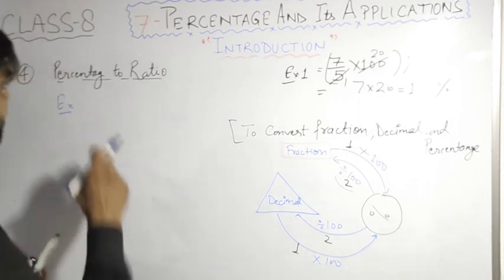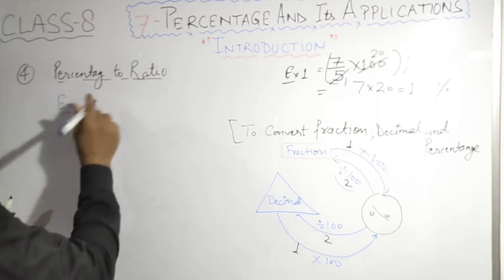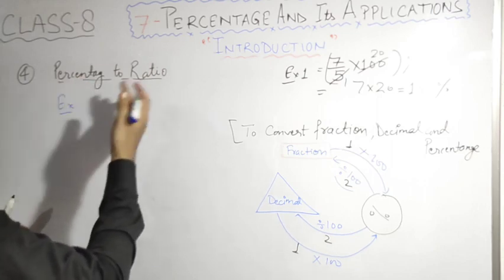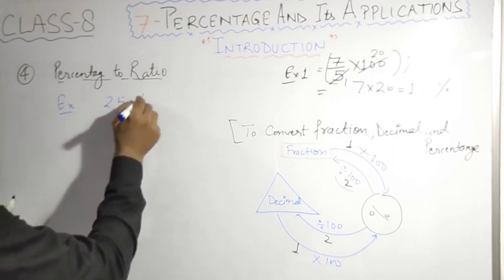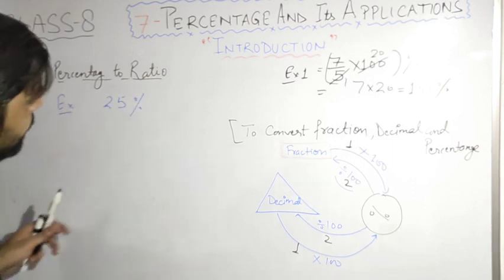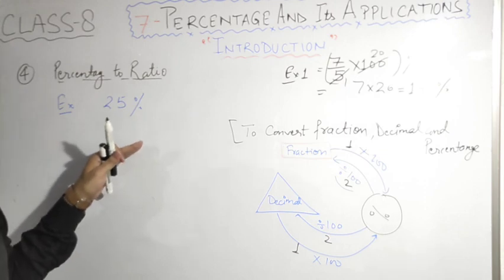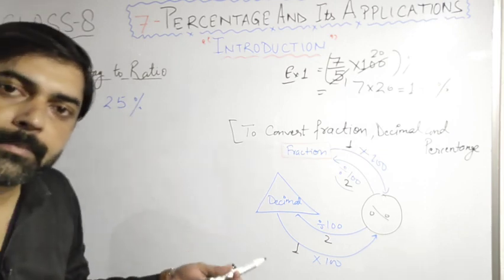Suppose any percentage is given here, 25%. The question is saying convert 25% into a ratio form.